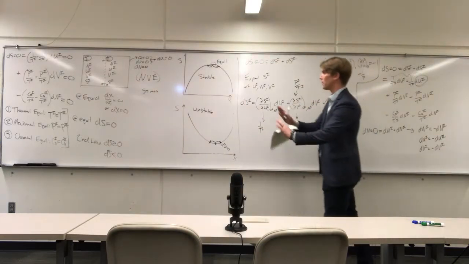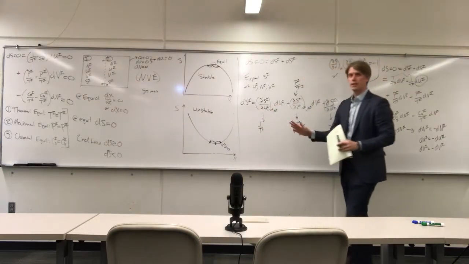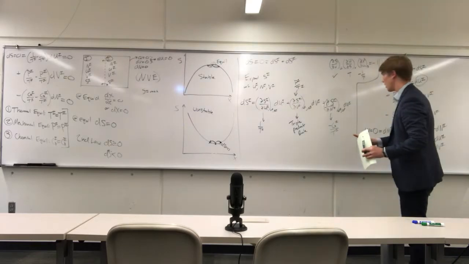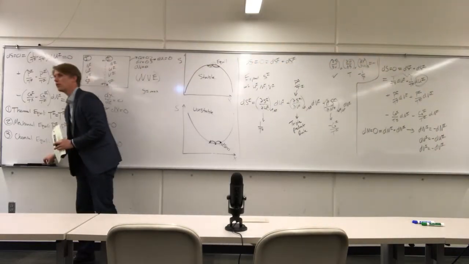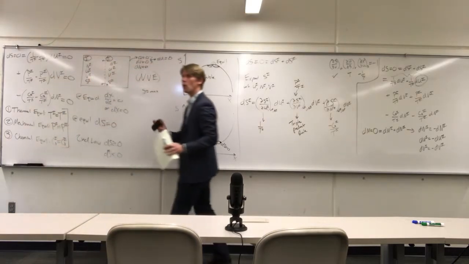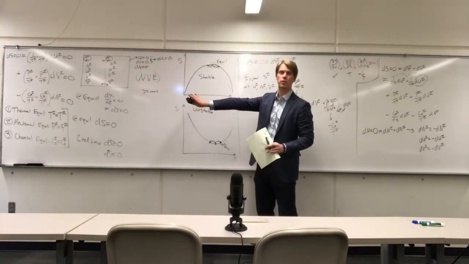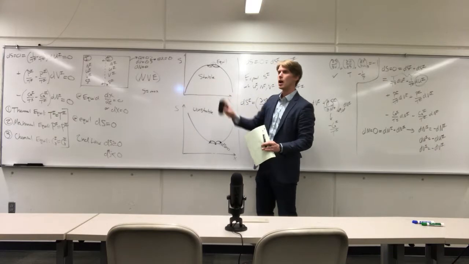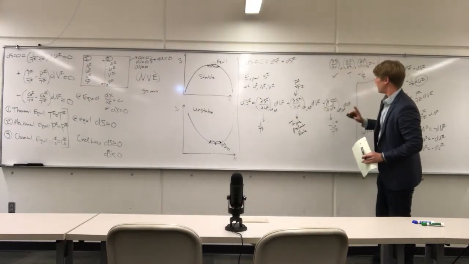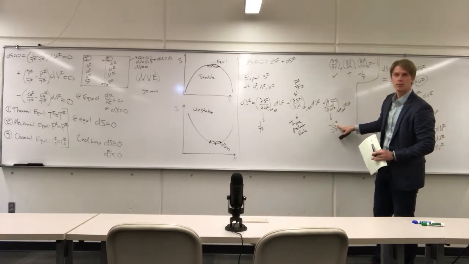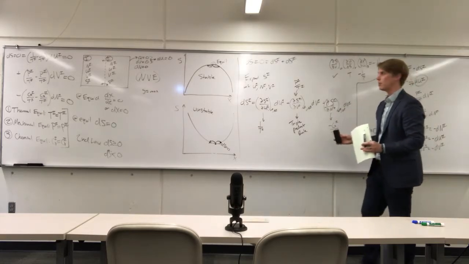So this is unbiased. I haven't talked about phases or anything like that. This is all very fundamental thermodynamics with no assumptions. There's absolutely no assumptions that have been made in this derivation other than defining temperature, defining pressure, and defining Gibbs. Right? These are just made up functions that happen to be convenient.